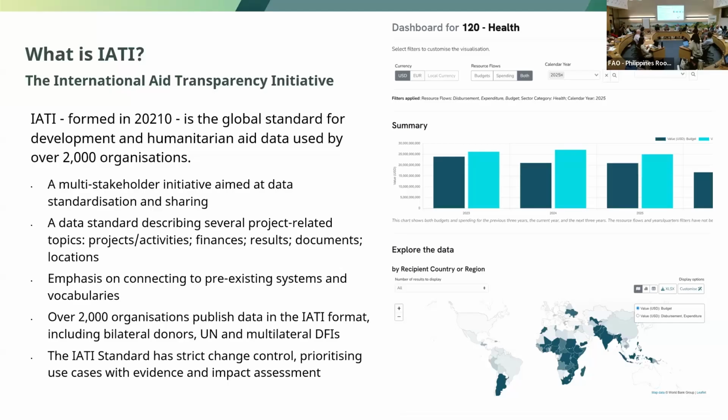we have our own nice data model, but if we want to compare our data with others like World Bank or AfD or IFAD, then basically we can't, because we have different data types and different attributes, and how can we come to a common data model?